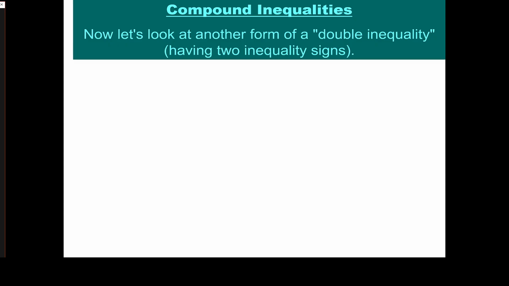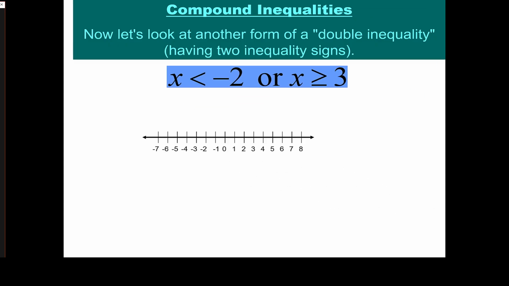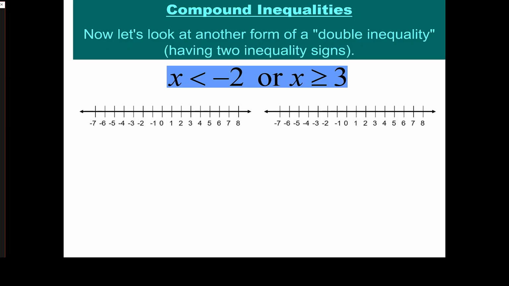Let us look at another form of a double inequality, having two inequality signs. In this case, x is less than -2, or x is greater than or equal to 3.